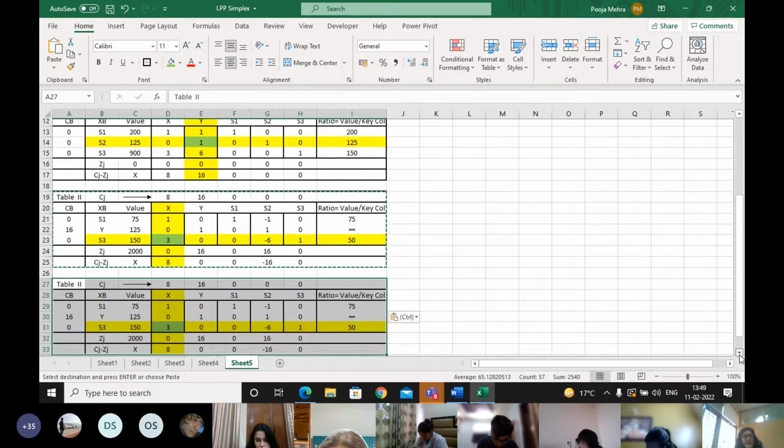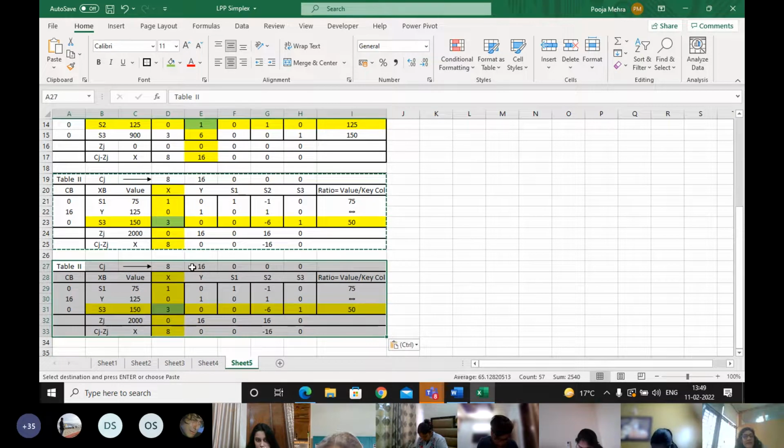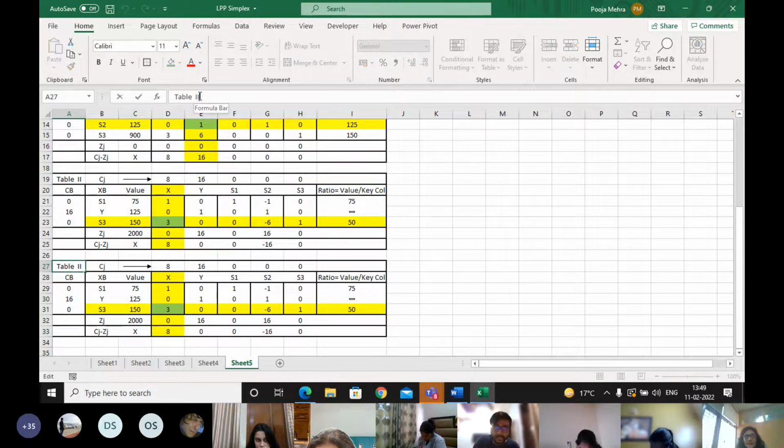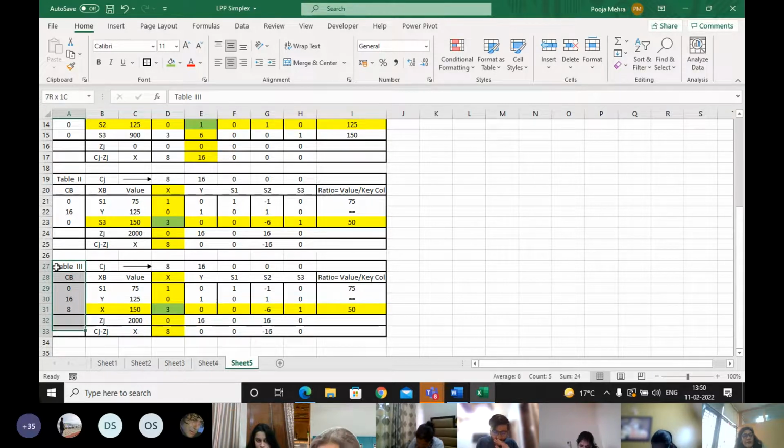Now table 3. So in place of S3, which variable takes place? X. What is the value in the CJ row for X? 8. And what are the values corresponding to this, for the third row, which becomes equivalent to the key row?